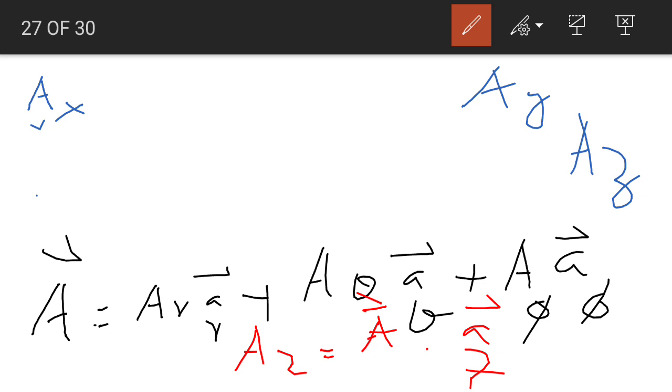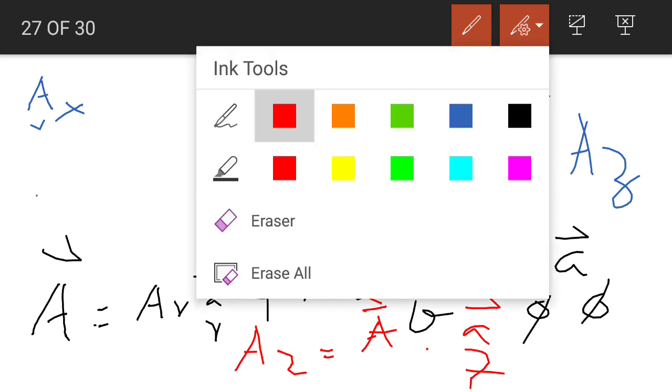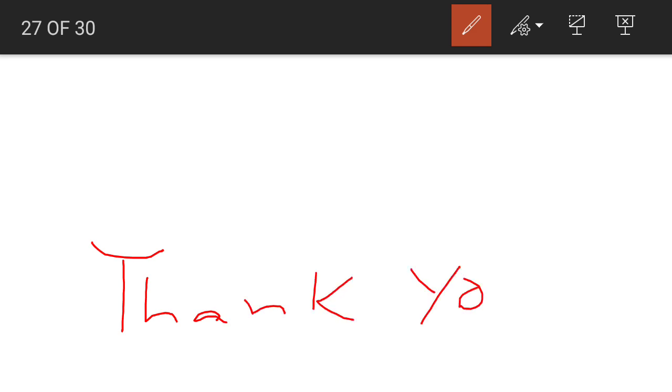So we calculate these three components, then we write down these three equations in the matrices format, and we can write down the same vector in the rectangular coordinate system. So this is how we transform a vector from the rectangular coordinate system into the spherical coordinate system, and from the spherical coordinate system into the rectangular coordinate system, right?